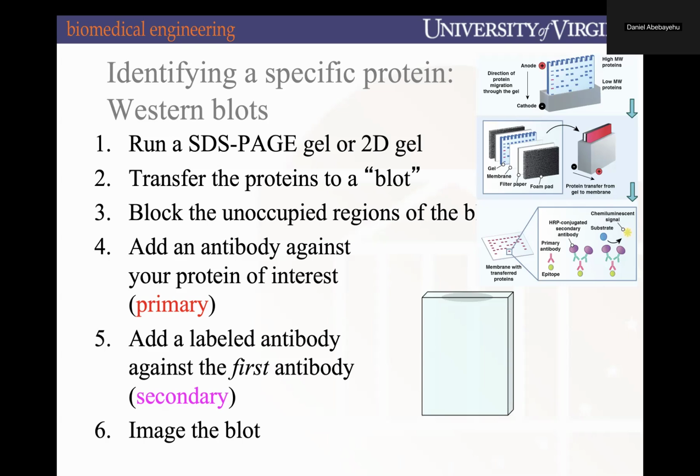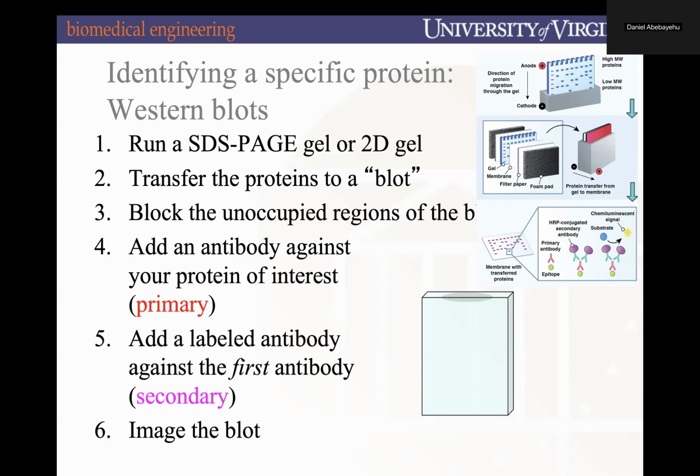We talked about a couple of stains, Coomassie blue and Sypro Ruby. But the question remains: if you're not interested in looking at all the proteins in a gel, what if there's one specific protein you want to look at? That was our launch pad into Western blotting or immunoblotting.